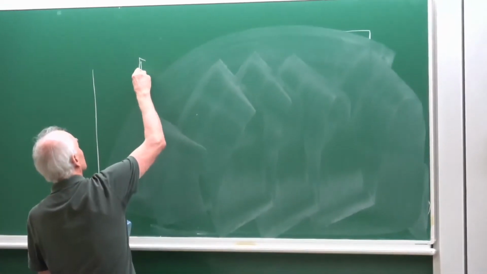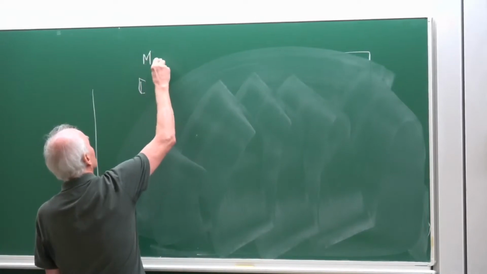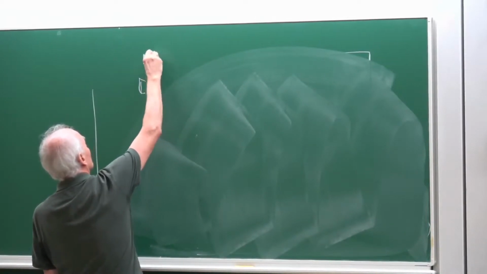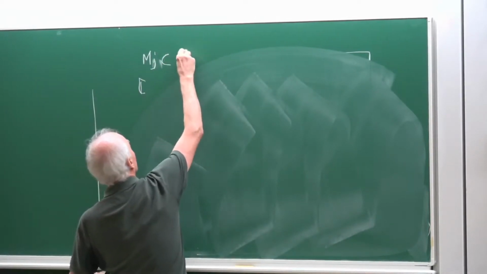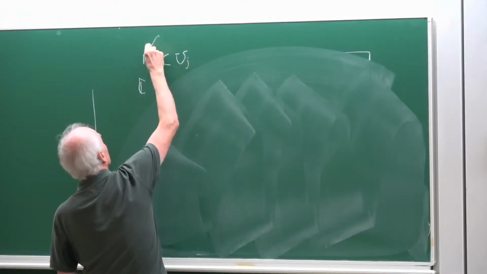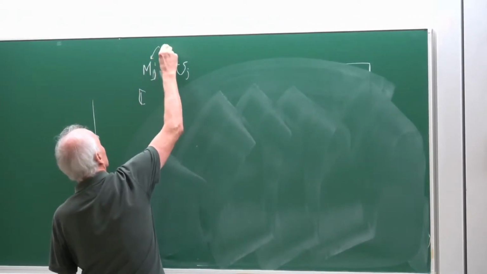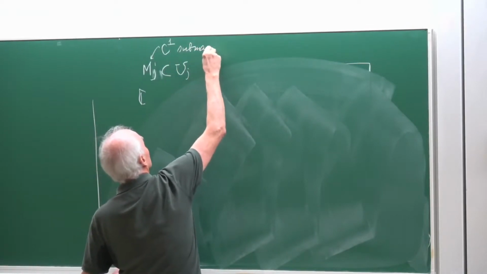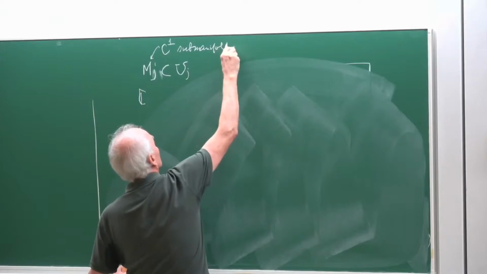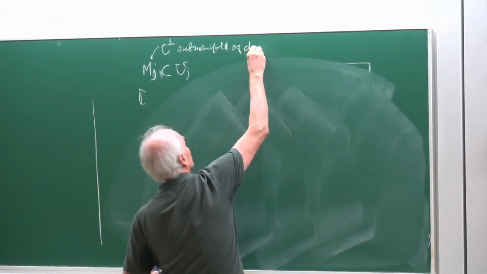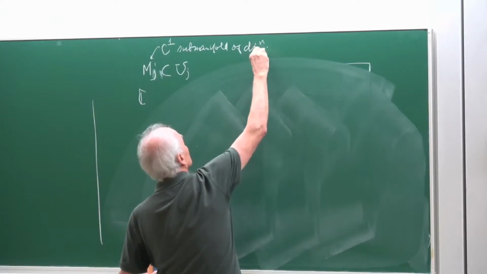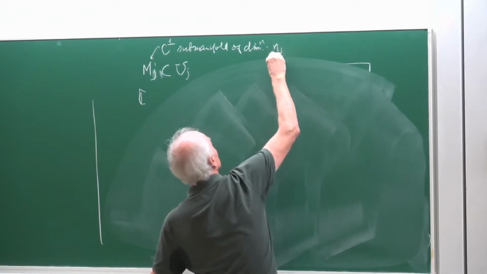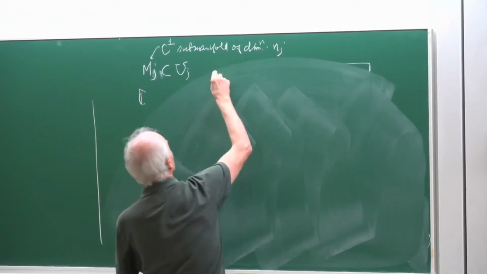Suppose that M1 and M2, Mj contained in Uj, is a C2 submanifold, or a C1 submanifold would be enough, of dimension Nj, j equals 1 to 2.